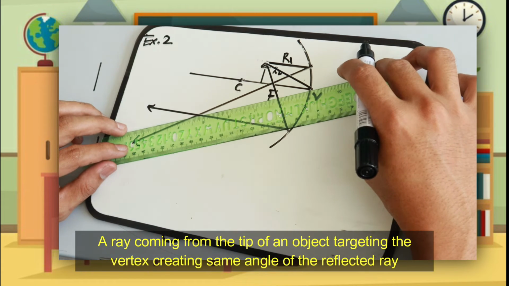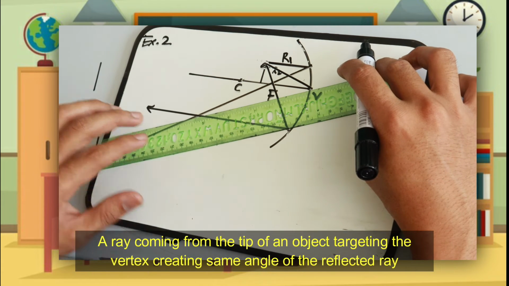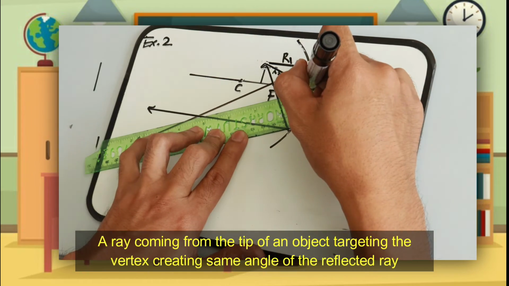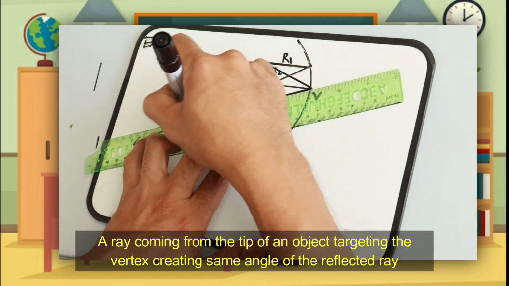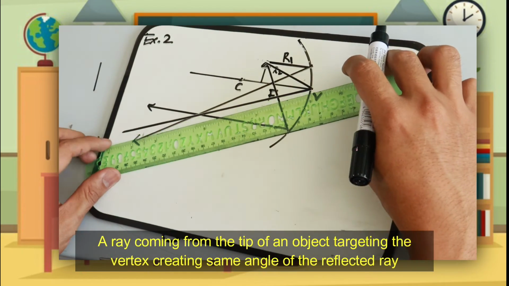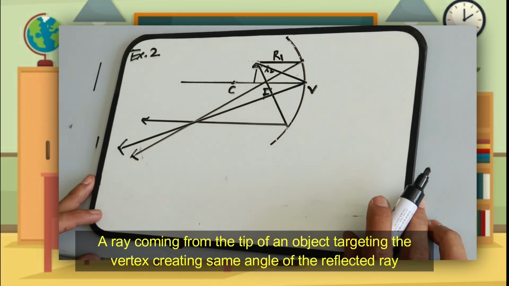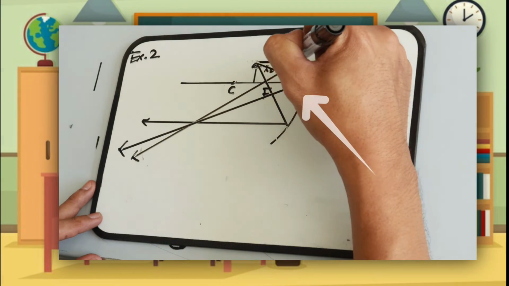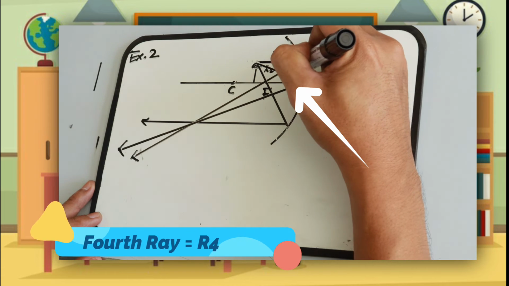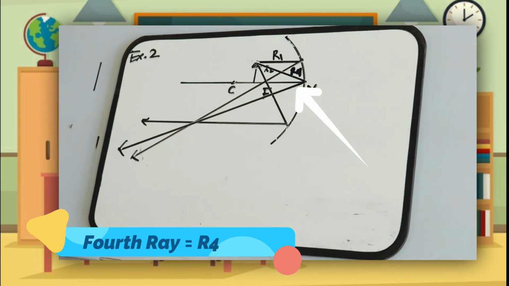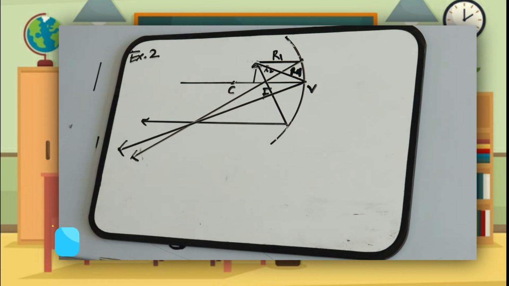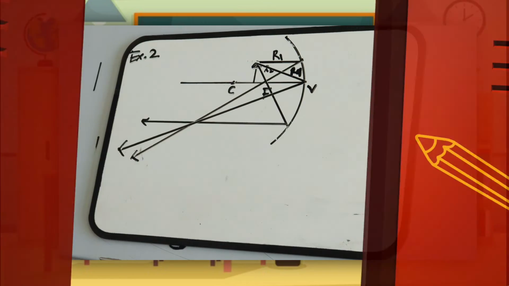Then just to make sure that the angle of reflection is the same. It's almost the same. Okay, so therefore, we will write this one as our fourth ray, since the third ray is impossible to draw.